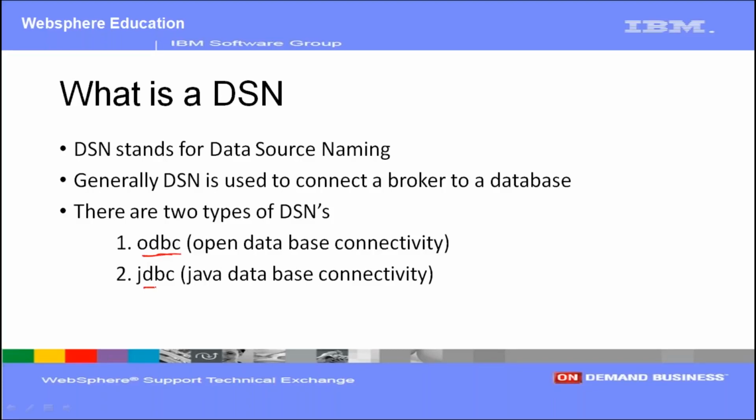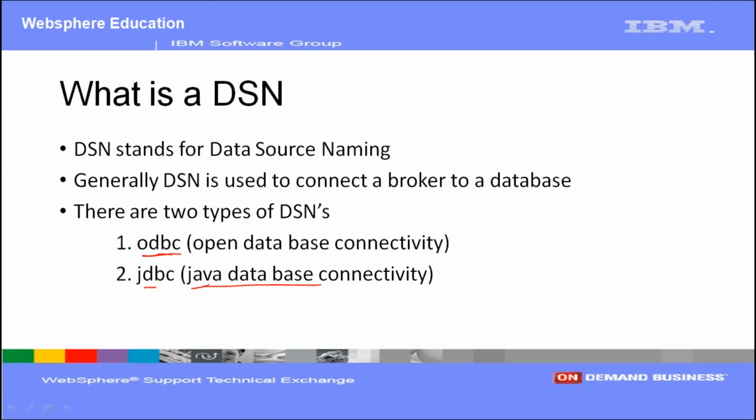But JDBC is specific to Java. It's a Java-based connectivity. Only Java-developed applications can use JDBC. So there is a limitation in JDBC because it allows only Java. But the ODBC type of database is open to each and every application.